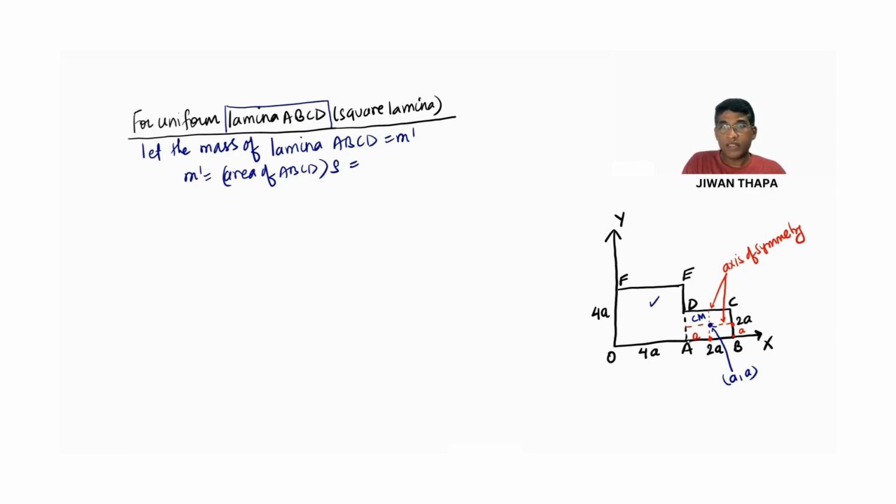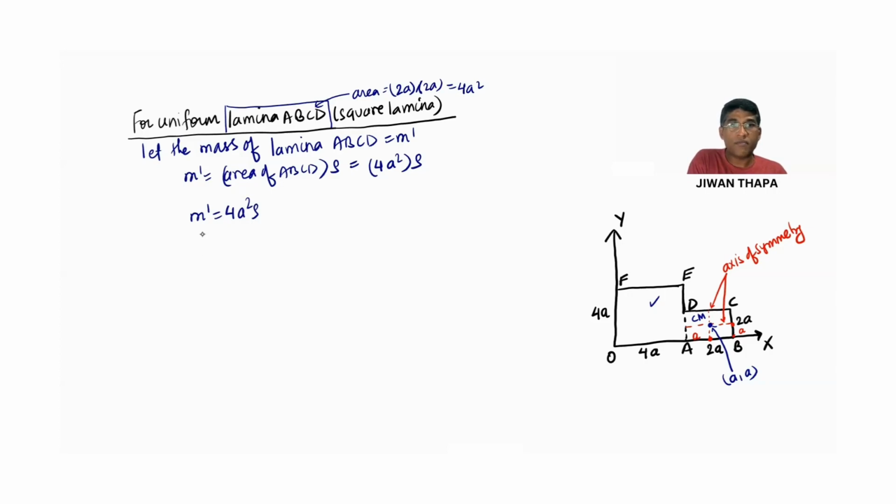The area of this square lamina is 2A times 2A, which gives 4A square. Therefore m dash equals 4A square rho.